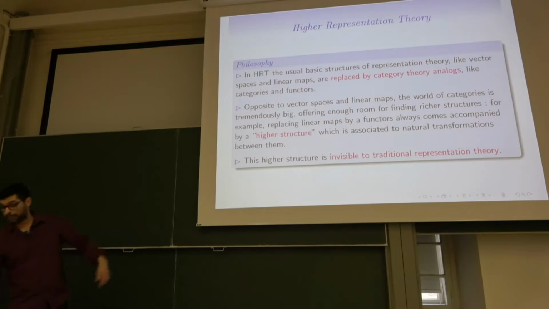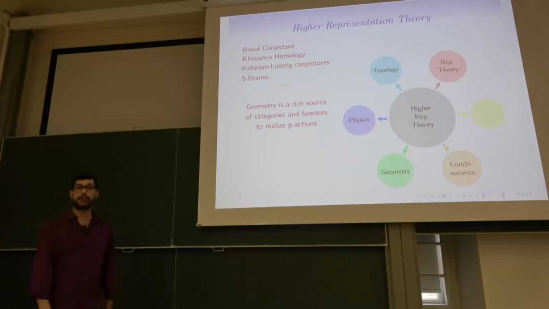It is known now, evidence shows, that higher representation theory has interesting connections with topology, representation theory, physics, geometry, and combinatorics. One of the most popular examples is the proof by Raphael of the Broué conjecture that gave rise to higher representation theory, and, for example, obtaining Khovanov homology purely in terms of higher representation theory, as in the Reshetikhin-Turaev philosophy.